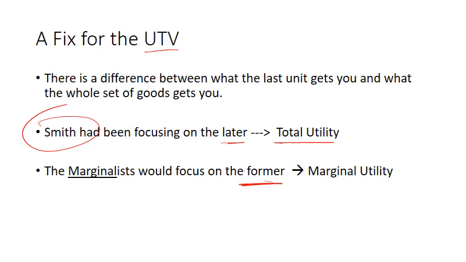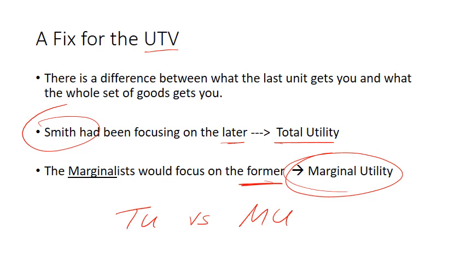You are now discussing marginal utility. What amount of happiness is generated from the last unit of water that you consume? Jevons, Menger, and Walras, to varying degrees, all recognized that by separating out total utility from marginal utility, you would actually be able to generate a theory of prices based on marginal utility, not on total utility.